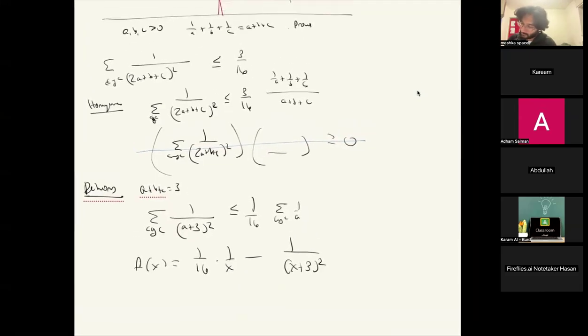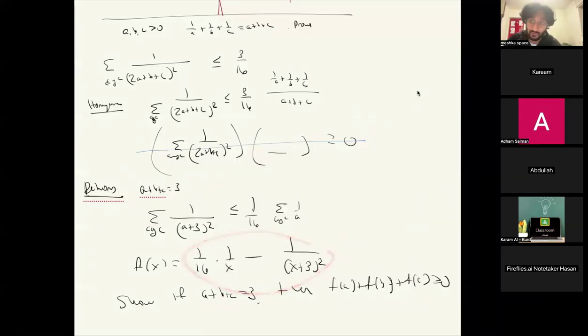Because what we are trying to say is, we've fixed the sum a plus b plus c equals 3, and we want to minimize, then f of a plus f of b plus f of c is greater than or equal to 0. So it's the Jensen problem, right? We have a function and the sum is fixed, and we want to minimize the sum of the function. And so if the function is convex, we can just apply Jensen. Then you have to check, and it turns out this actually is convex.